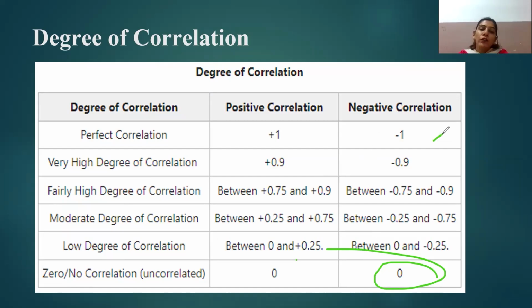If we talk about the limited degree of correlation, in this case two variables are not perfectly correlated, nor are they perfectly uncorrelated.